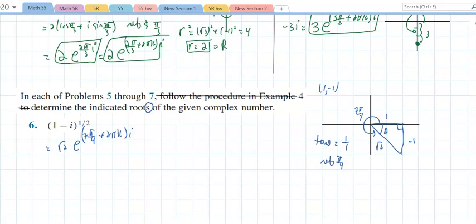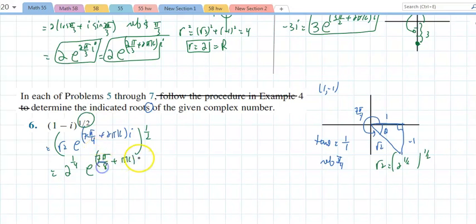And since they're raising that to the 1/2, I'm going to raise that to the 1/2. And notice that radical 2 is actually 2 to the 1/2. So if you raise that to the 1/2, that is 2 to the 1/4, which is the fourth root of 2, times e, and if you multiply those, that's 7 pi over 8 plus pi k i.